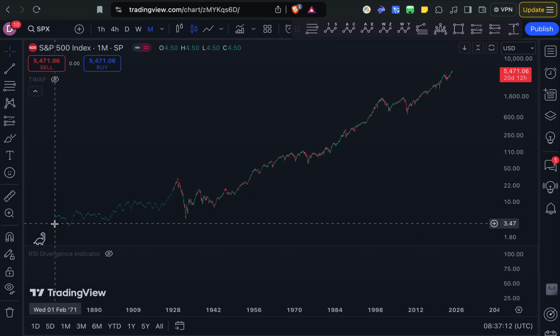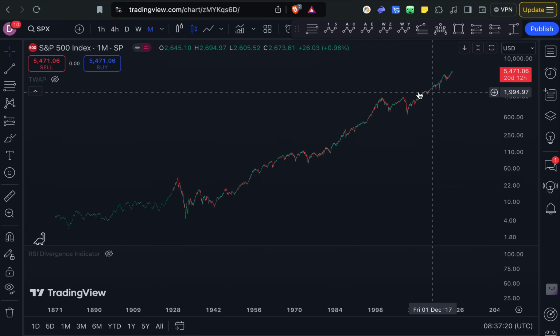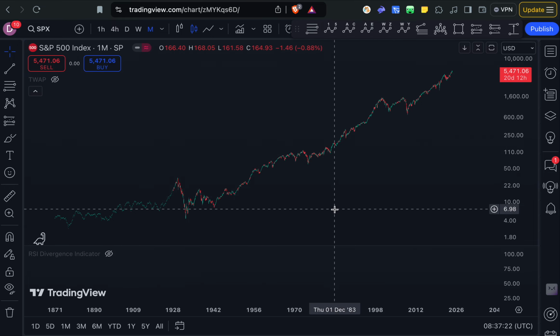So we're looking at 150 years of history of the American stock market. And here we have all of the data, all of the presidents, all of the market crashes, all of the wars, everything is in this chart of the whole United States history from the last 150 years. So you have to understand that this chart has a lot of value.